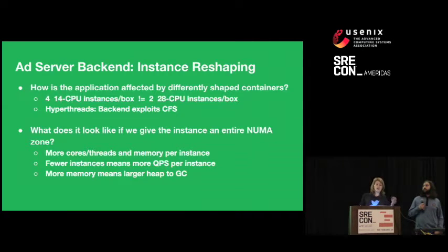We inferred that ad server backend exploits the flexibility of CFS to steal available CPU threads when it needs to do bursts, right? So basically, in terms of ad server backend, the need to burst CPU is very frequent because we have different weights of requests coming in all the time, right? You might get really cheap requests coming in, everything's fine, and then boom, you have a heavy request and you need as many threads as you can.